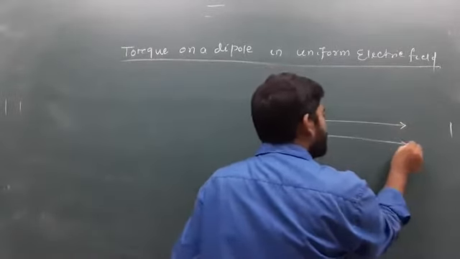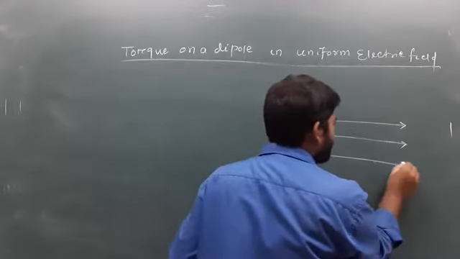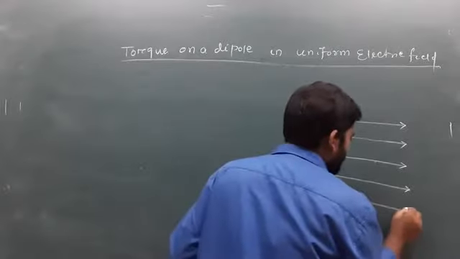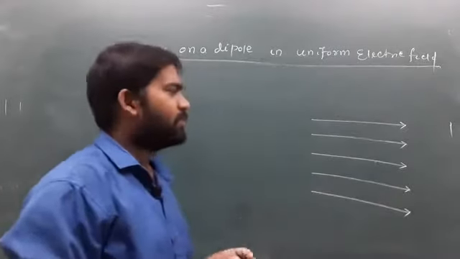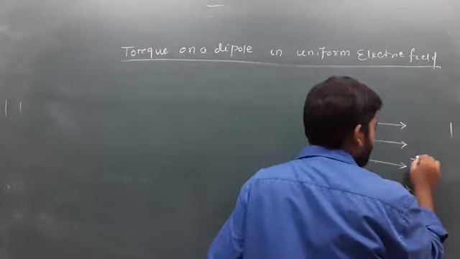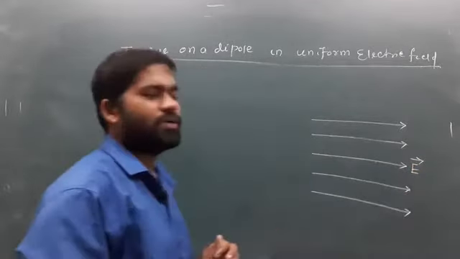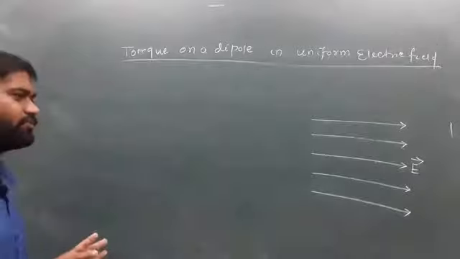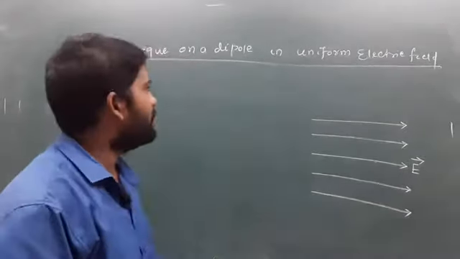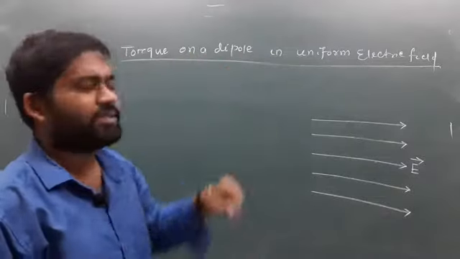As we discussed, in a uniform electric field the electric lines of force are straight and parallel. Suppose in that uniform electric field the magnitude of the electric field is E. And in this uniform field we place an electric dipole.